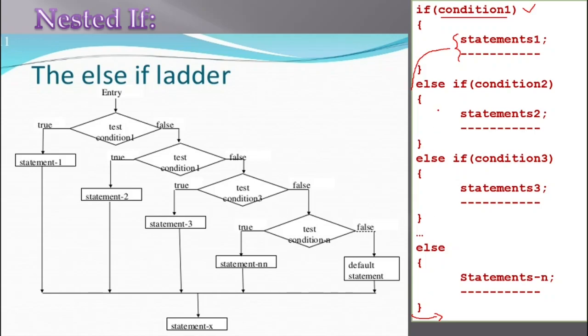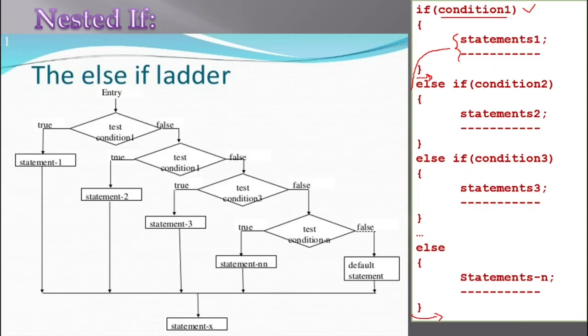And one more point, in the case of if else or nested if or anything, if I write any statement here, that is called no man's land. The control will never reach this point. Why? Because if else is designed in such a fashion that if I write something here, it will run when the condition is true, and if I write something here, it will run whenever condition 2 is true.